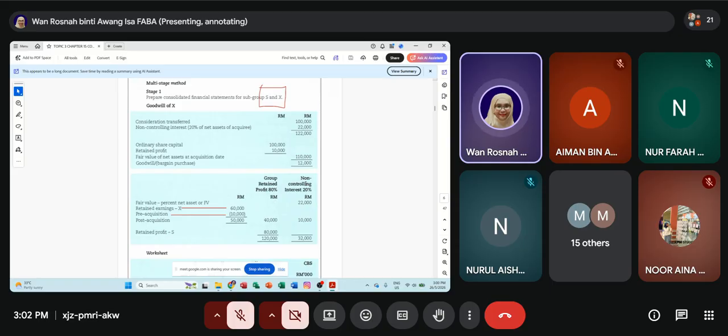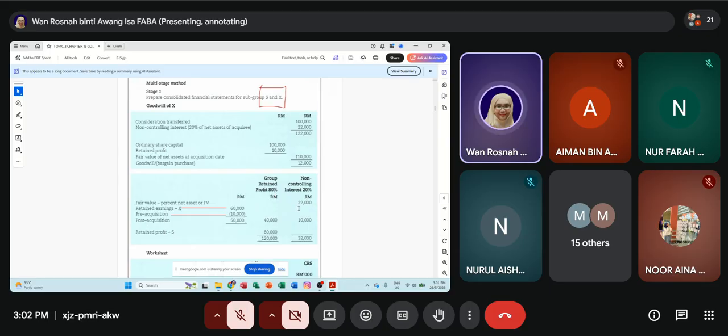Okay, so this is how group retained profit is divided, as we did with the schedule just now, whereby a fair value percentage of net asset 22,000 and retained earnings of X 60 divides into pre-acquisition 10,000 and post-acquisition 50,000, divided by ownership 80% and 20% NCI.